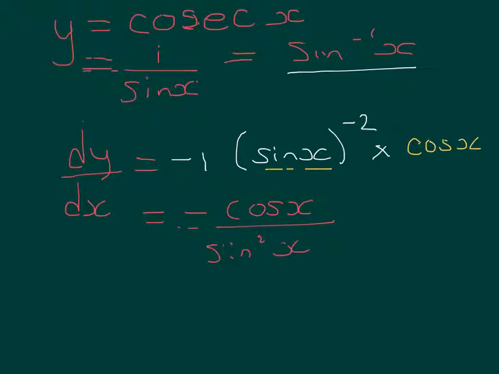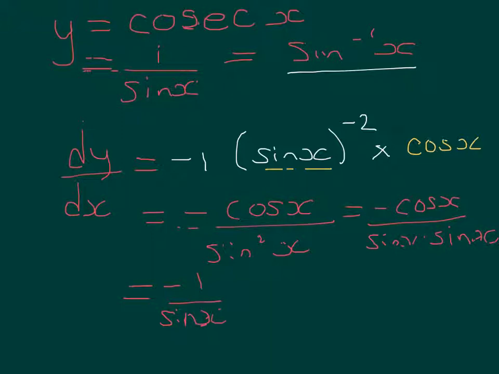Now I can simplify this a little bit and split it up rather than just leaving it like this. I can call this minus cos x all over sine x times sine x, and cos over sine of course is just cot. So I get minus 1 over sine x multiplied by cos x over sine x.